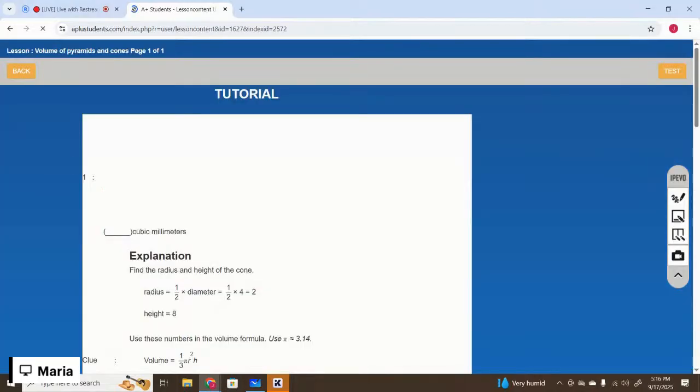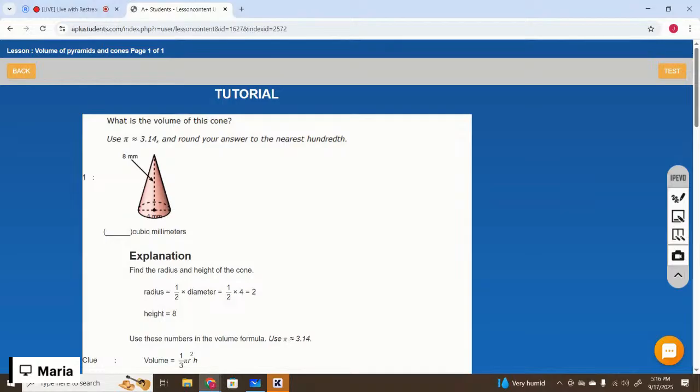Volume of pyramids and cones. What is the volume of the cone?